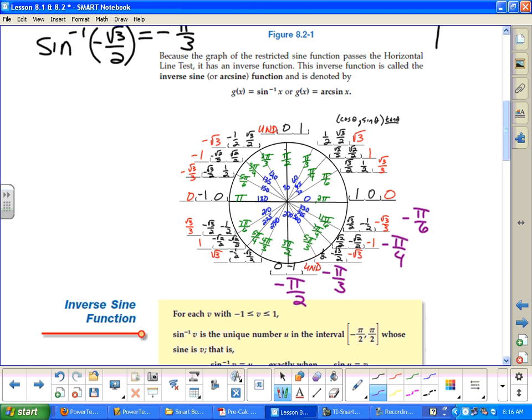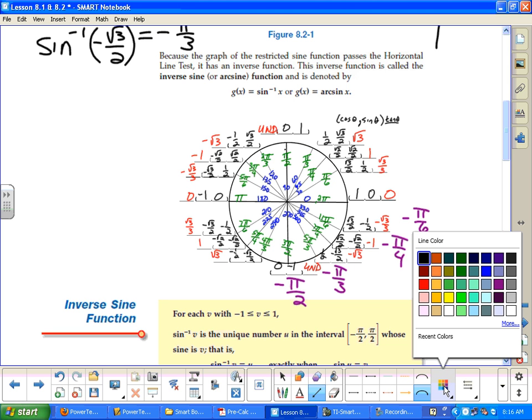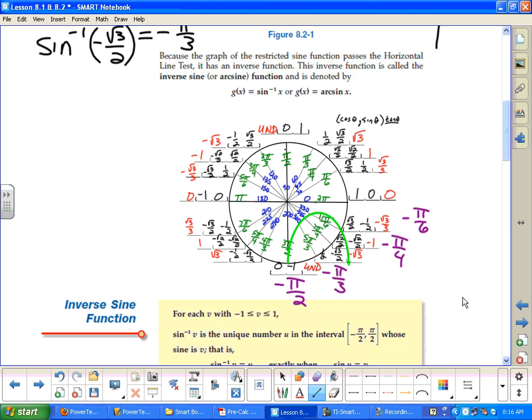And so when we're talking about sine, we're talking about the angles from negative pi over 2 to pi over 2.